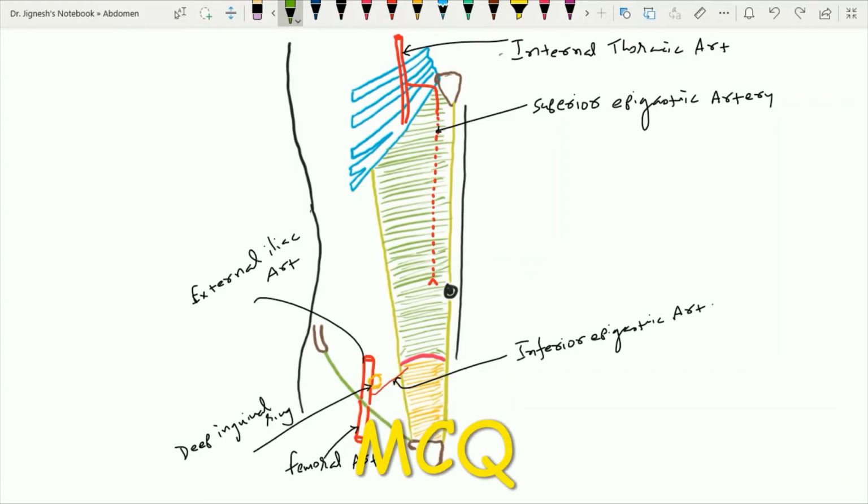At the medial margin of the deep inguinal ring, where this inferior epigastric artery is going to pass, it is going to be hooked laterally by the vas deferens in case of male and the round ligament of the uterus in case of female.